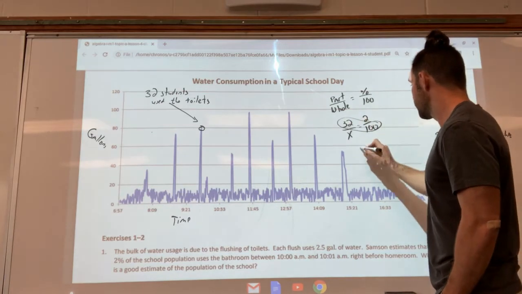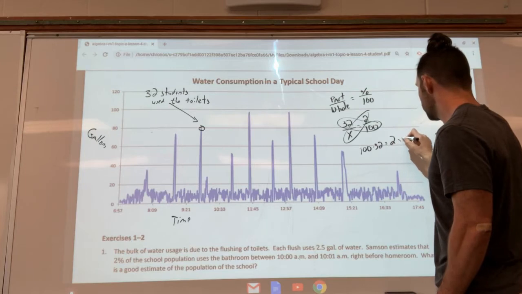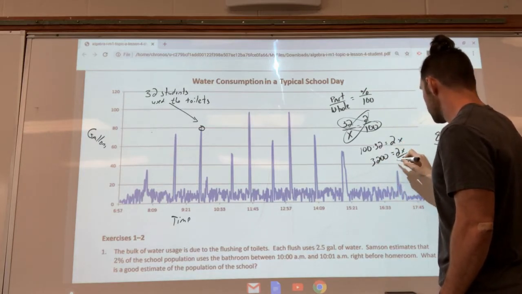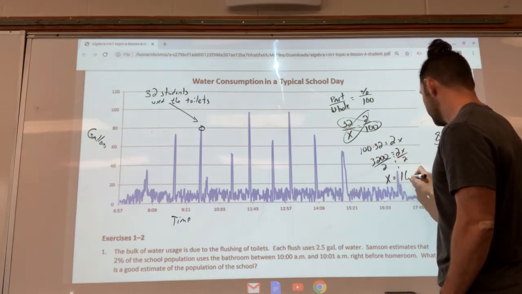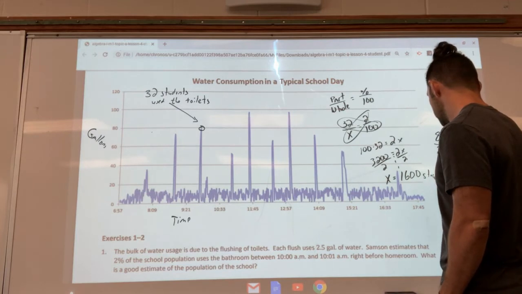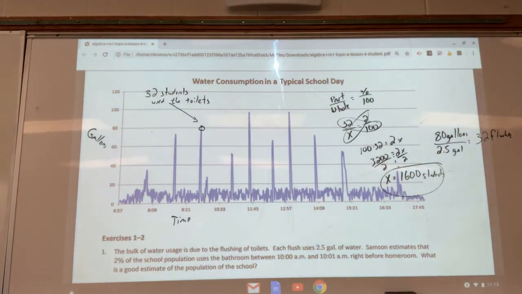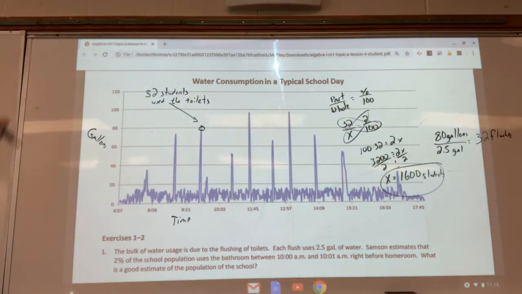Cross multiply. 100 times 32 equals 2x. 3200 equals 2x. Solve equations. Divide by 2. X equals 1,600 students. So now we have a good estimate for the number of students at our school, which is 1,600.